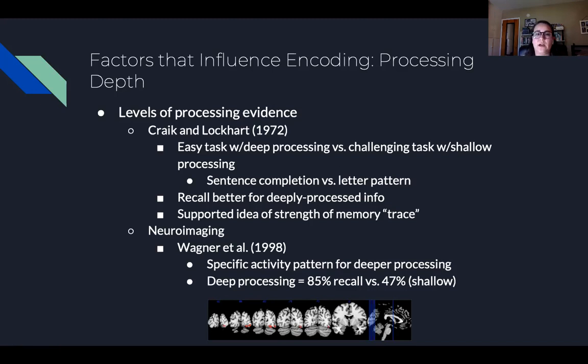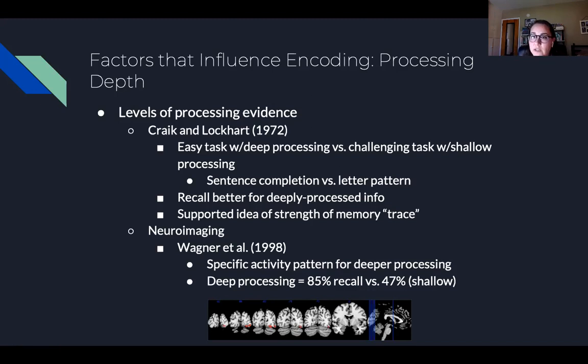The easy task that had deeper processing was a sentence completion task. They had to respond yes or no about whether a word properly completed a sentence or not. So it was easy in that all you had to do was say yes or no, but it was deep processing in that you had to think about the meaning of the word.